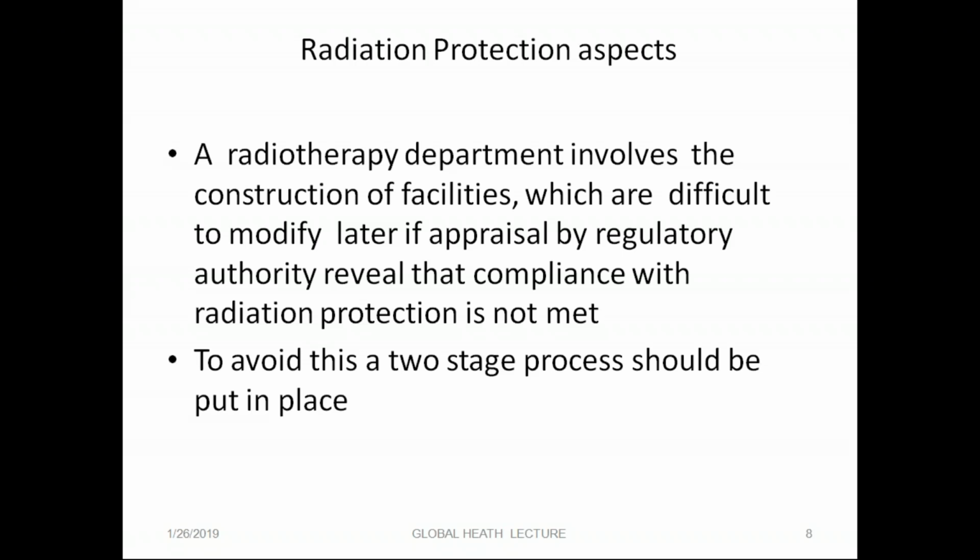If not approved by the regulatory authority, it means that compliance with radiation protection is not met. So if you're going to invest to construct a facility which you will not use because you have not complied with the national regulatory authority as far as radiation protection is concerned, this is a waste of resources, and it is not desirable in countries which are struggling with a lot of other problems.